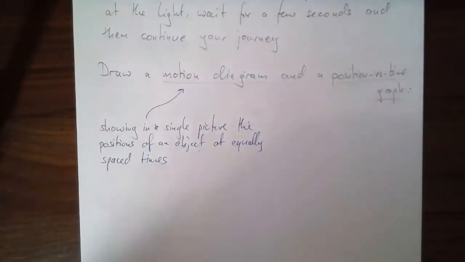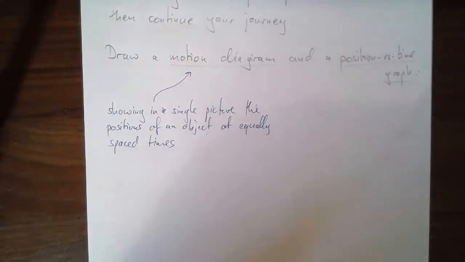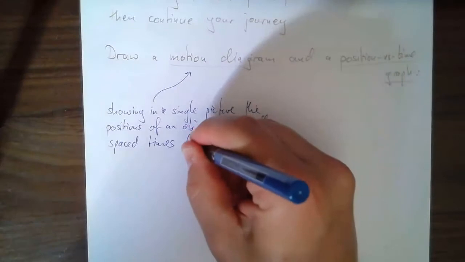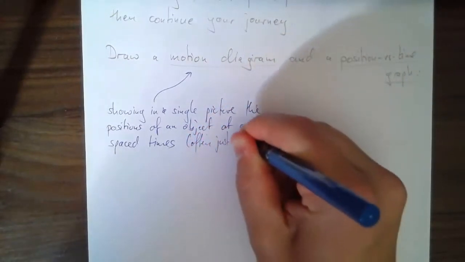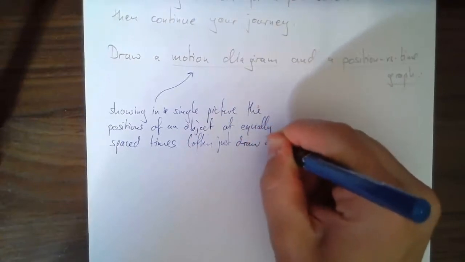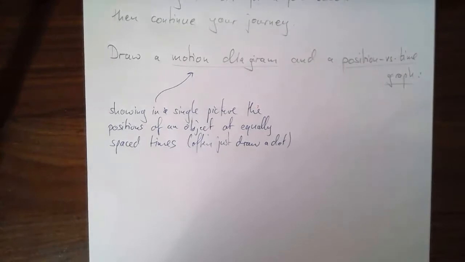You've done that before with the cyclist, right? And we just drew a dot. So often we just draw a dot. The textbook actually goes into quite a bit of detail there, so I suggest you read that. And let's draw one for this particular scenario.